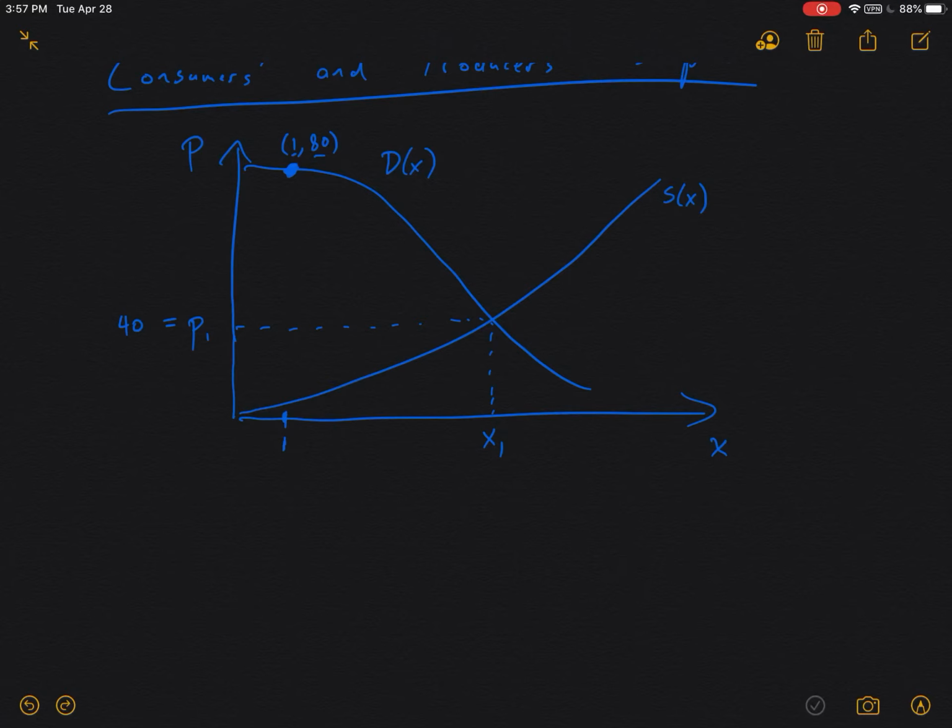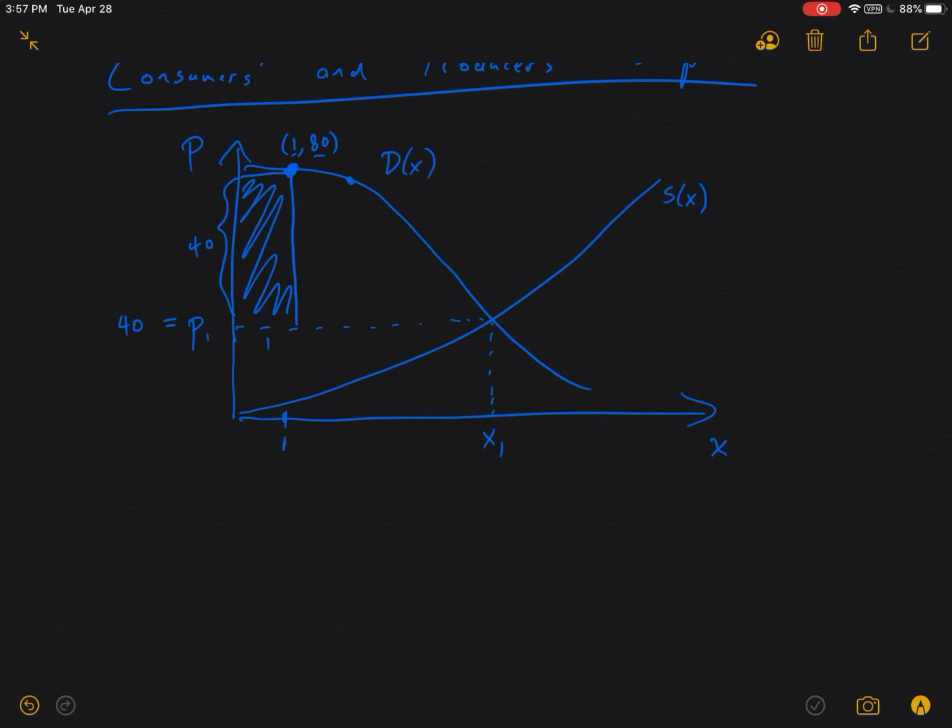They were willing to spend $80, but instead they only had to spend $40 to get the item. So the amount of money that they saved over what they were willing to pay would be this area. This is a 40 by 1 rectangle. So that area is telling you the amount of money that that one person saved.